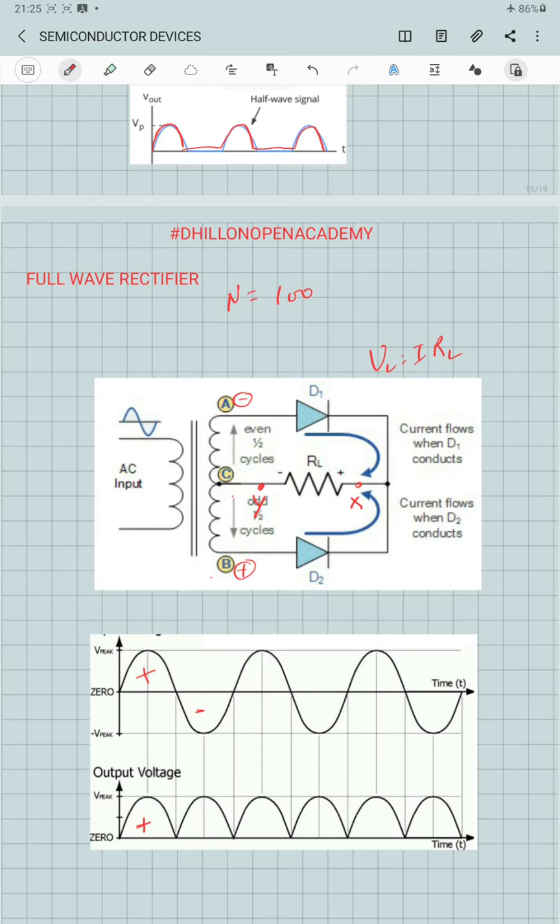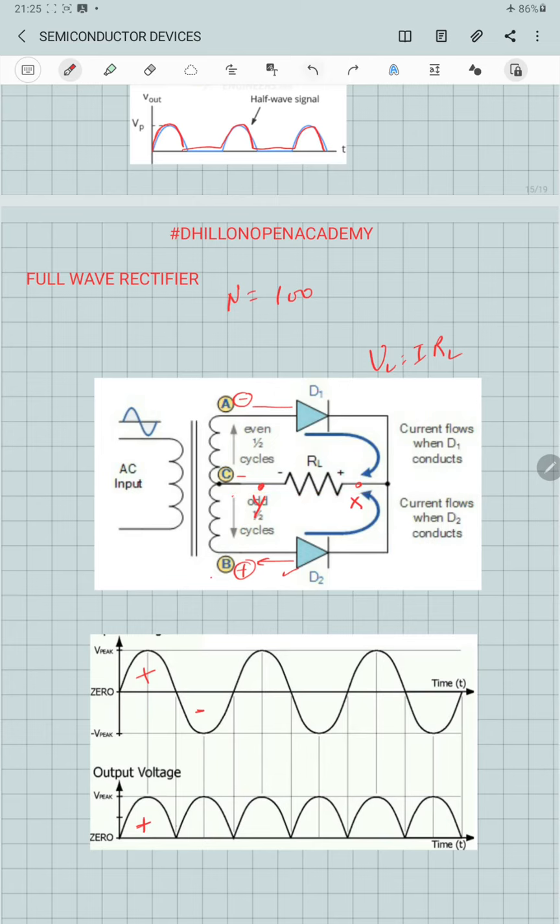Now this positive voltage appearing at point B is connected with the positive terminal of diode D2, while the negative voltage appearing at the point A is connected with the positive terminal of diode D1, and C again behaves as a negative terminal. So for the diode D2, the positive terminal is connected with the positive, while the negative terminal through the load resistance is connected with the negative terminal.